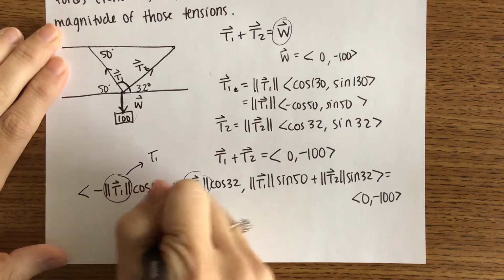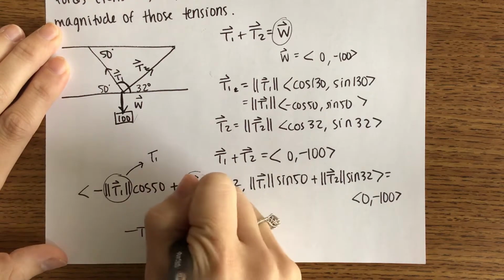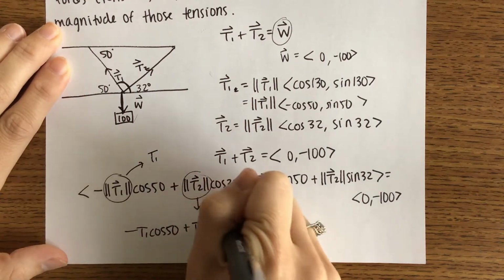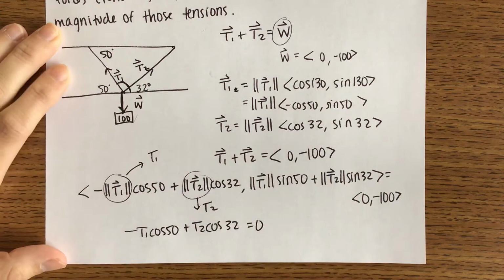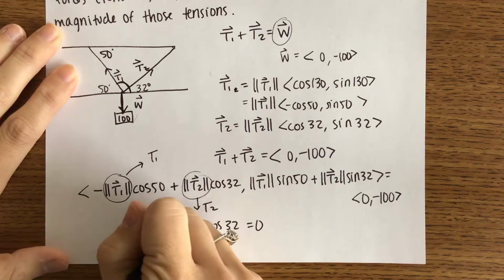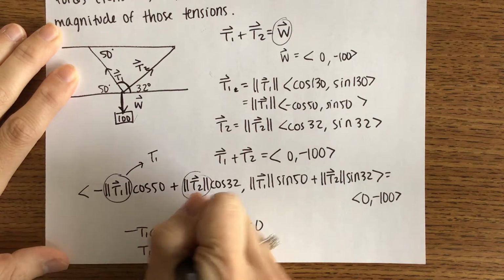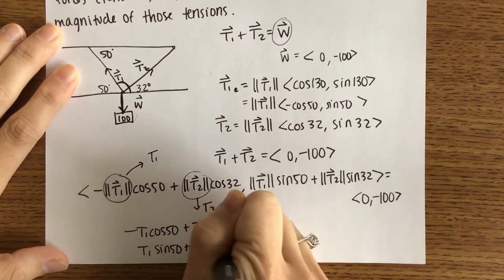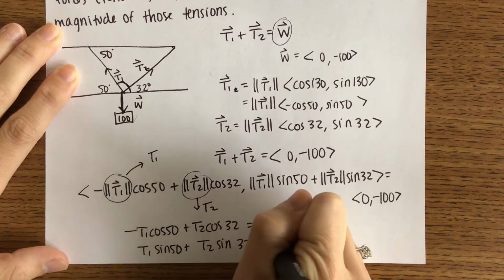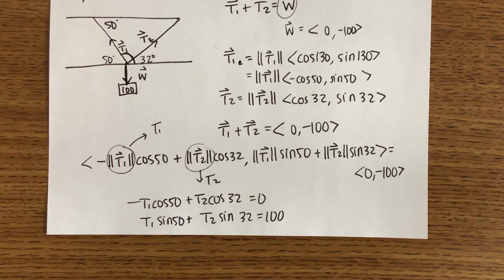So we get negative T1 cosine of 50 plus T2 cosine of 32 equals 0. Likewise, we have T1 sine of 50 plus T2 sine of 32 equals 100.